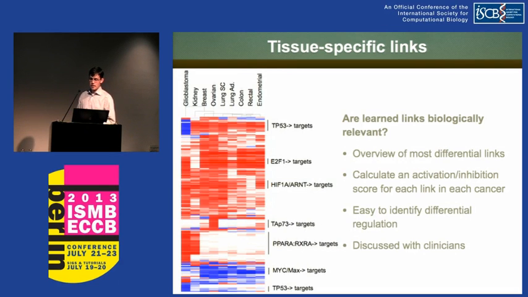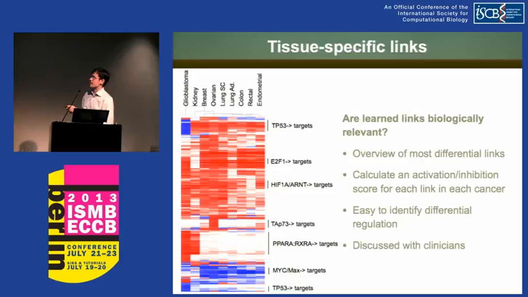These are the most variable links across cancer types in TCGA. And here we're labeling by groups by the parents because they ended up clustering together.